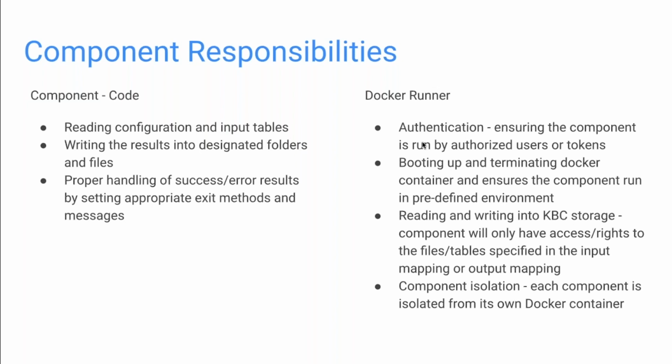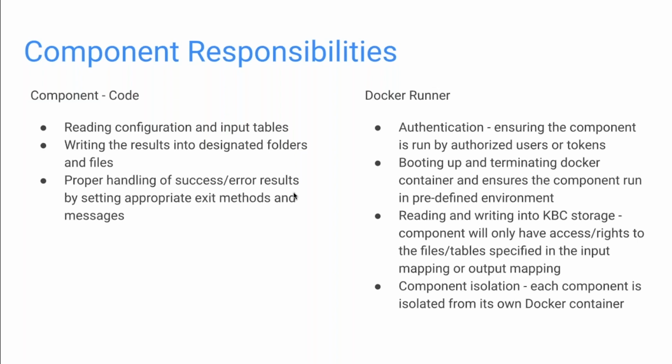Second thing it should do is write the results into designated folders or files. Third, it should properly handle the success or error results by setting appropriate exit methods and messages. So messages could be logging messages. We're talking about error controls. So if some sort of error pops up, how should you handle it? Should you stop the component or should it keep going? That's what I mean by proper handling.